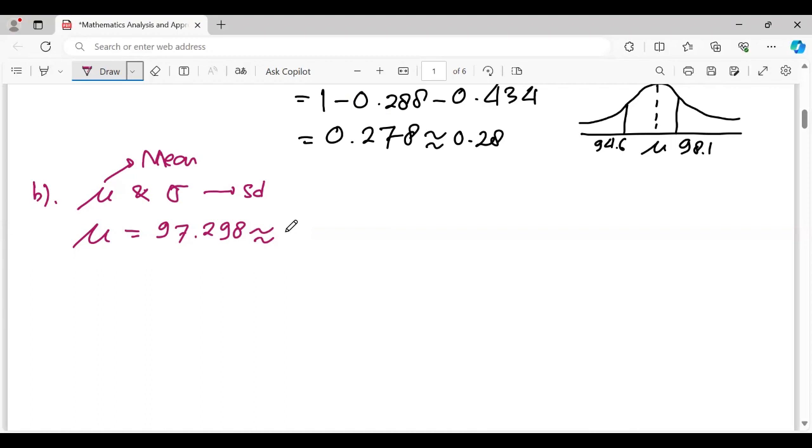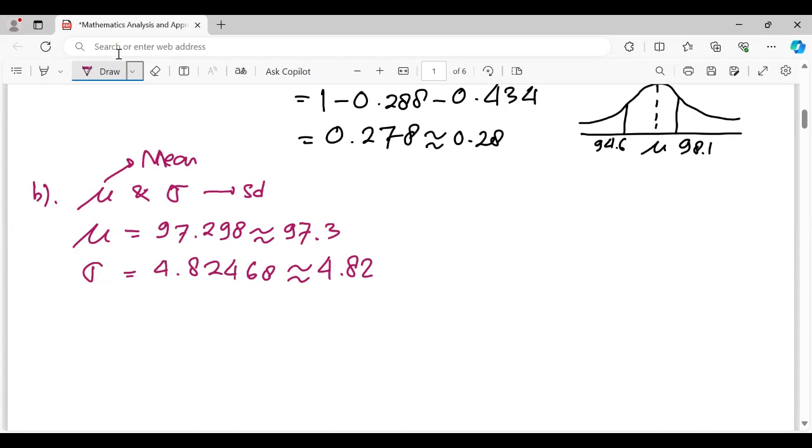I'm going to approximate it to 97.3, and sigma equals 4.8468, approximately 4.82. As I told you, I got this number using the inverse normal function of my calculator.